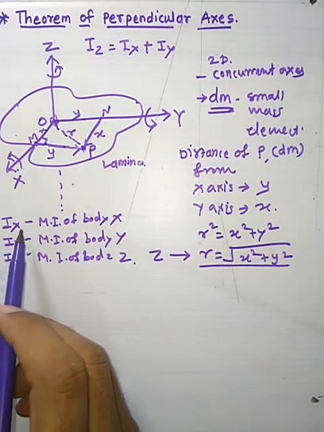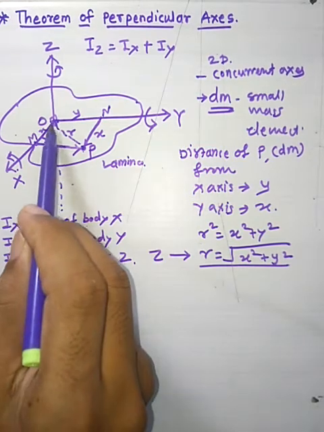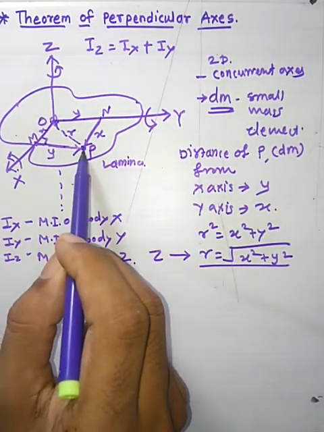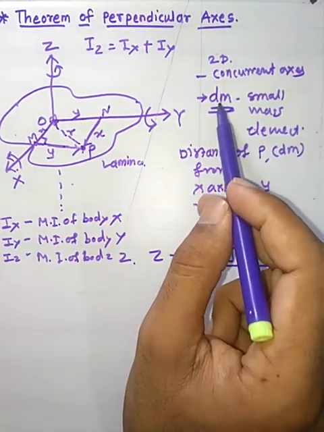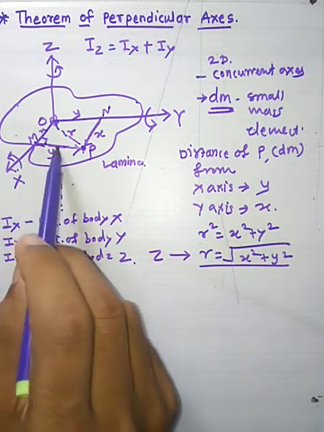So I want to calculate the moment of inertia of the body about this x-axis. Mass is situated here at point P having magnitude dm, and the perpendicular distance from the x-axis is y.